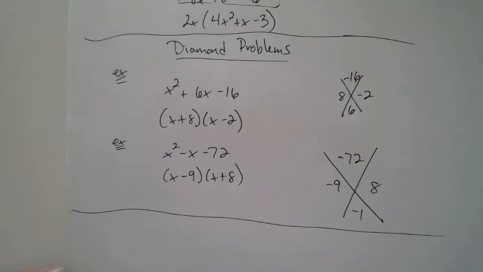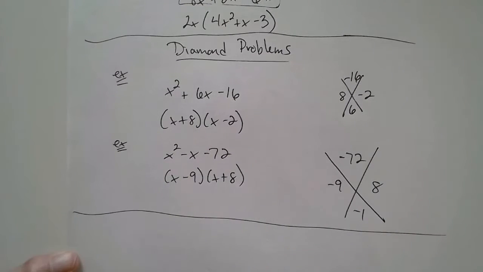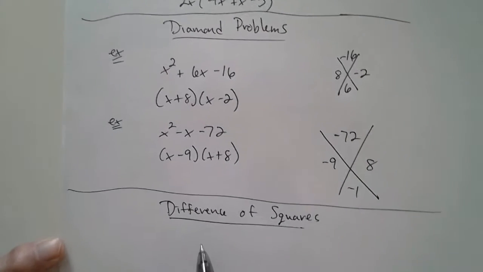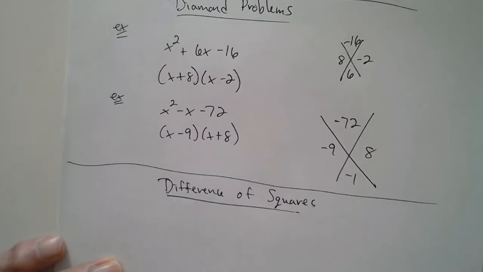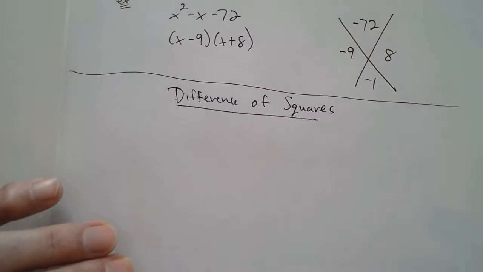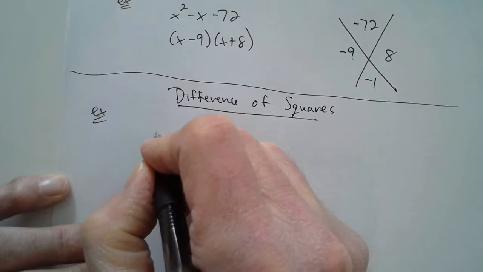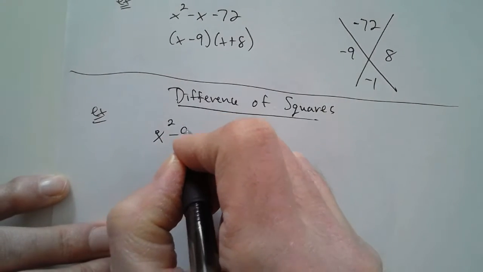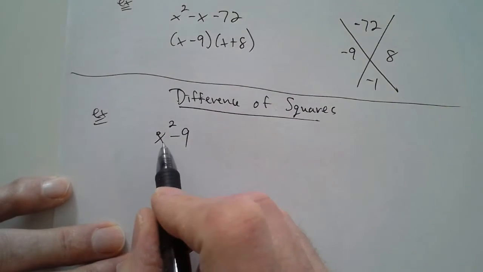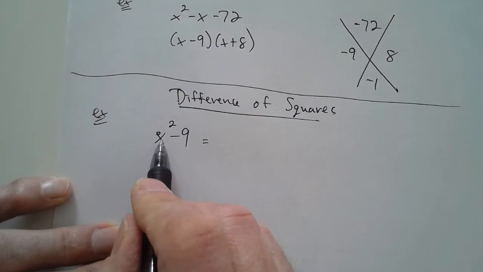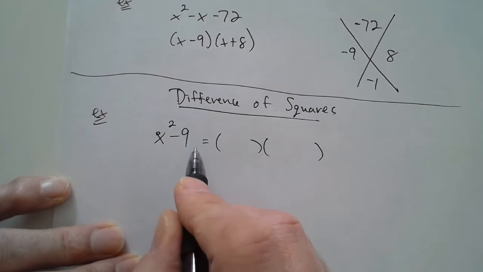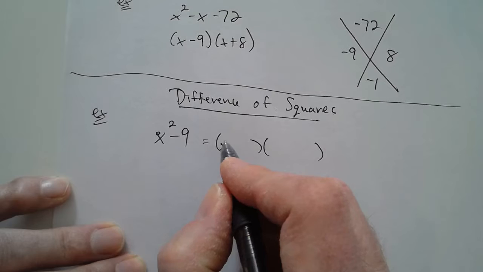Another type of factoring is difference of squares. Okay, so difference means subtracting, squares means you have perfect squares. So example, if I have x squared minus 9, what's being squared there? And what's being squared there? Well, x is being squared there.